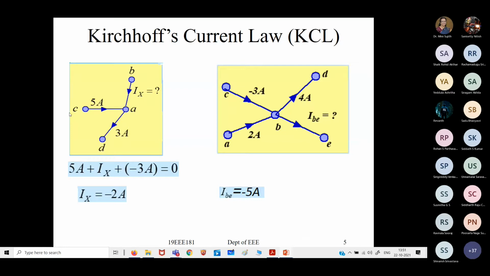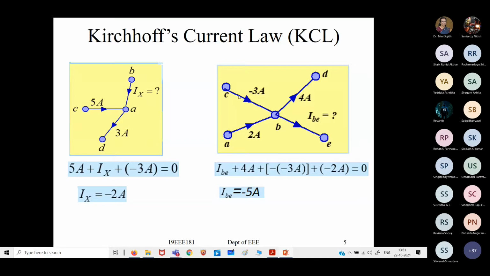For example, if we are having the parts of the branches, at node A we wish to find out the current considering some sign convention, that is entering positive and leaving negative in this particular example. So we have 5A plus Ix, which is the unknown current we need to find out, minus 3A. Using this we can find out Ix is minus 2 amperes.